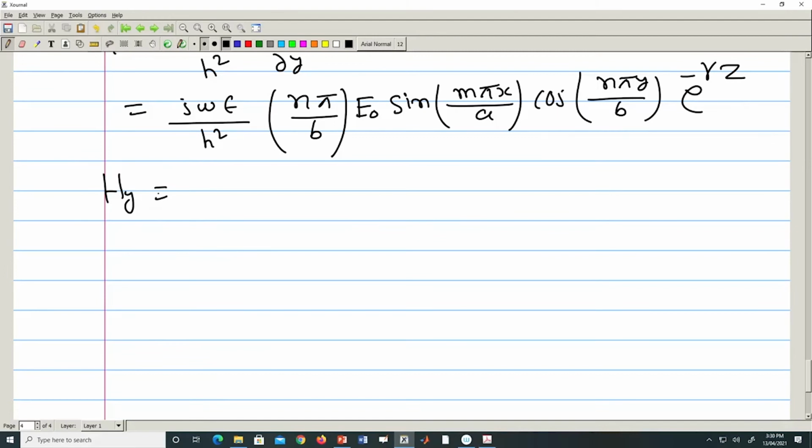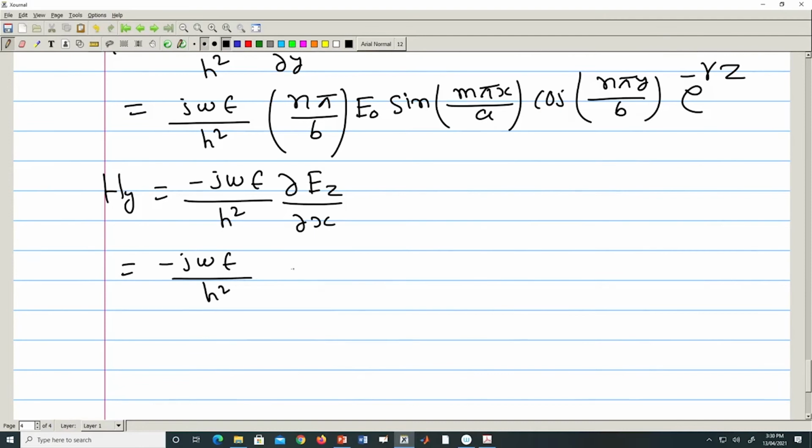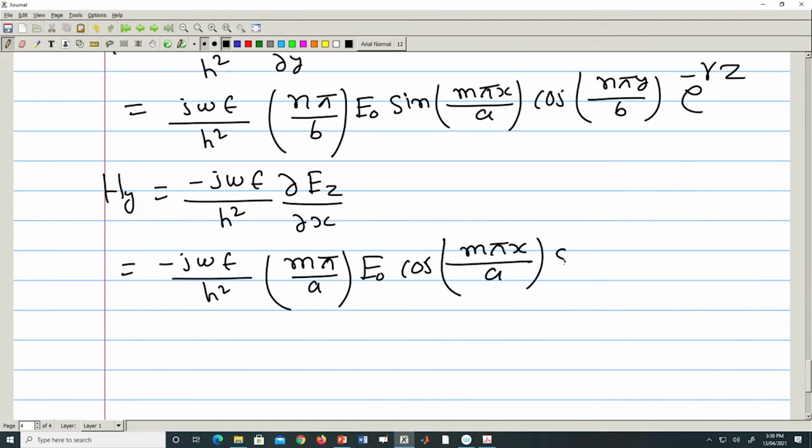So this will come minus of j omega epsilon by h square, and since this is on x, it will be m pi by a E naught cos of m pi x by a sin of n pi y by b e to the power minus gamma z. And H z will be 0 because this is for the TM to Z mode.